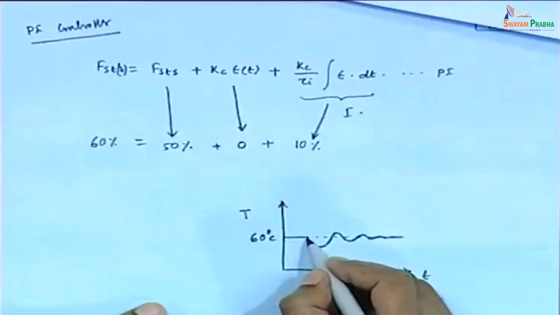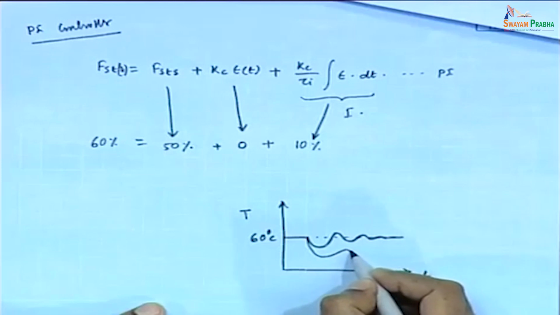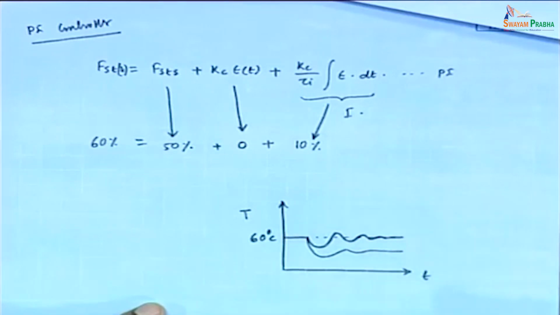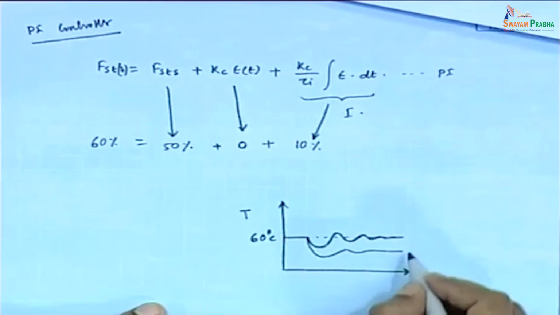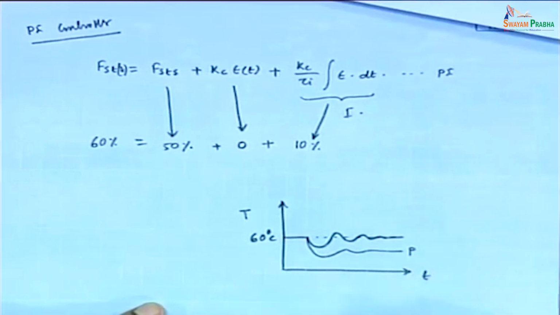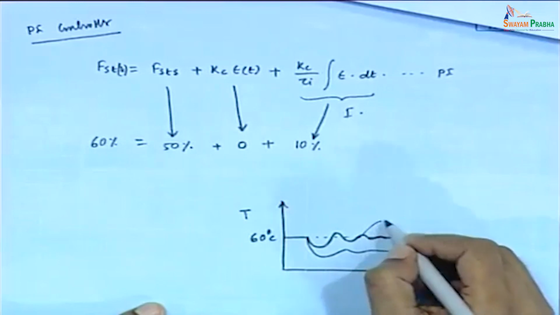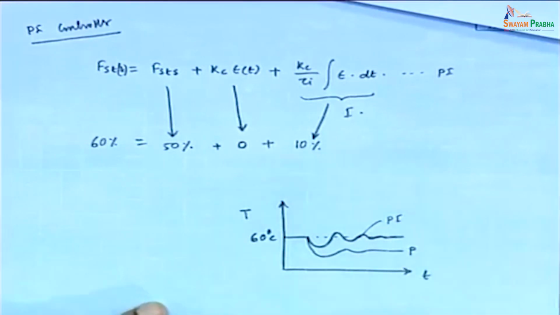I mean, the process under PI controller remains at steady state temperature, but for the case of P only controller there is an offset. So, this is the process response under P controller and this is the process response under PI controller.